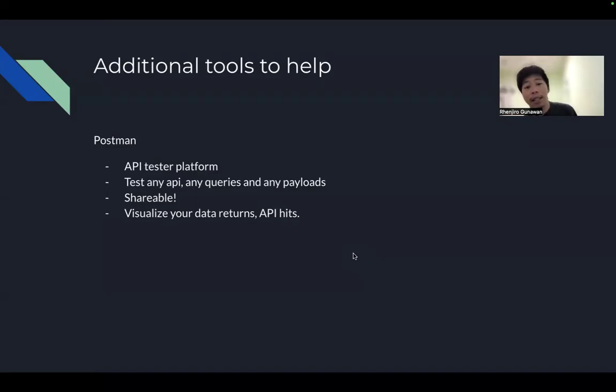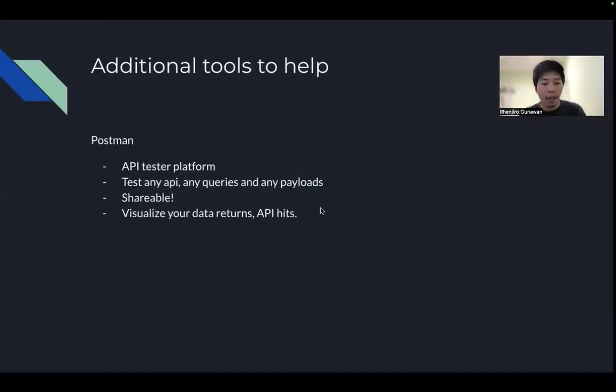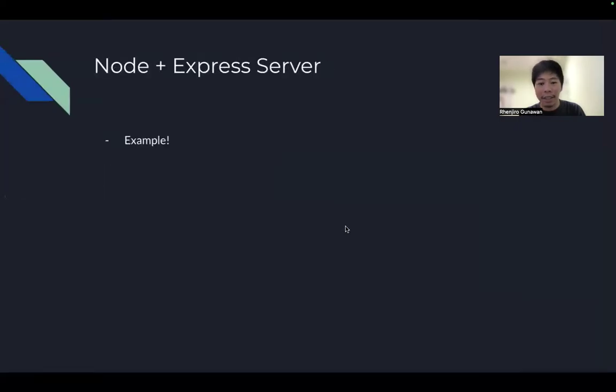You can make your API tests shareable. And you can also visualize your data returns and your API hits, and I'm going to show you here. We're going to use this later on, but for now, this is Postman. All right, let's get to the example then.